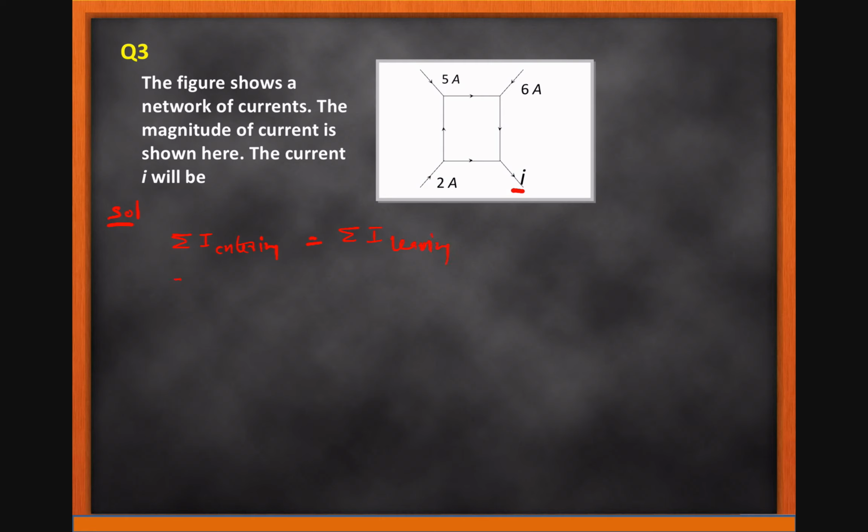So it means the total current 5 plus 6 plus 2 should be equal to I. So I here is 13 ampere. So the answer should be 13 ampere.